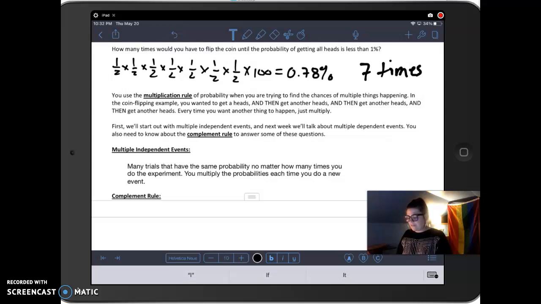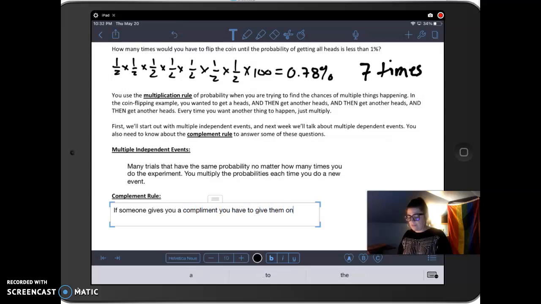If someone gives you a compliment, you have to give them one back. That is not the complement rule. Also, notice that it is complement, not compliment.